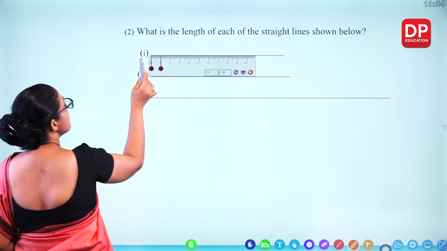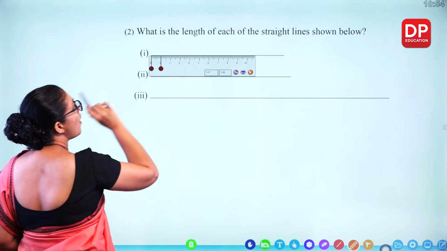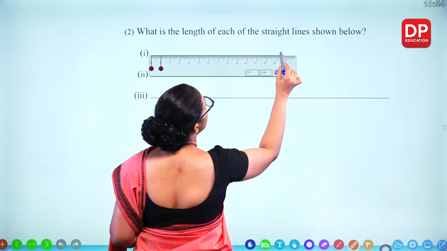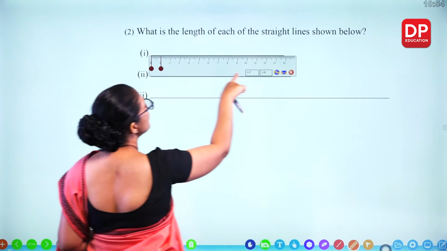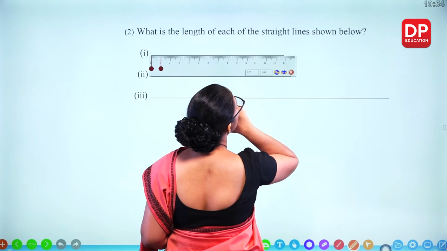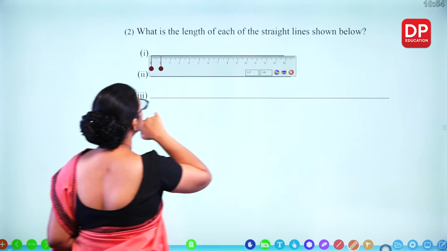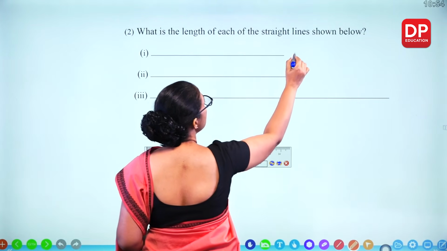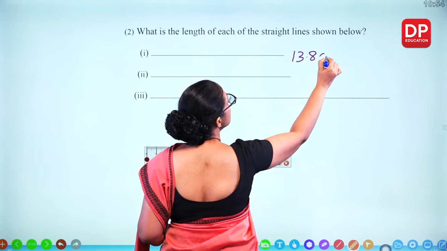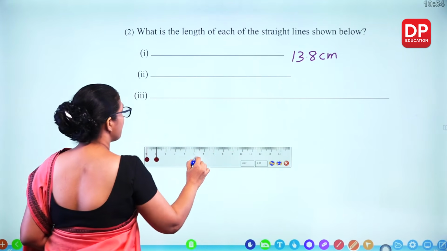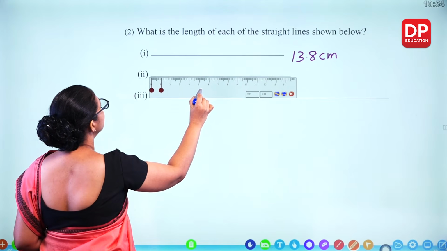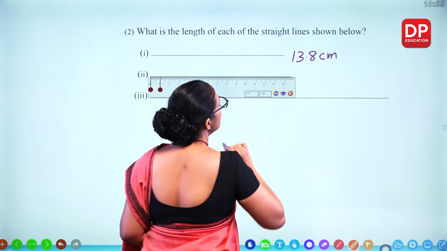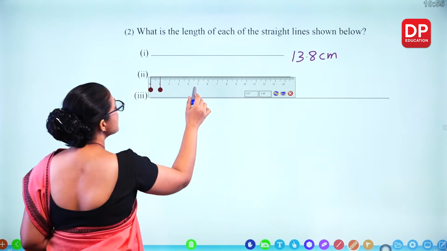You have to keep the 0 point on one end and then measure the length. So here to here, I see 13.8 centimeters. This one, here to here, 14.6.